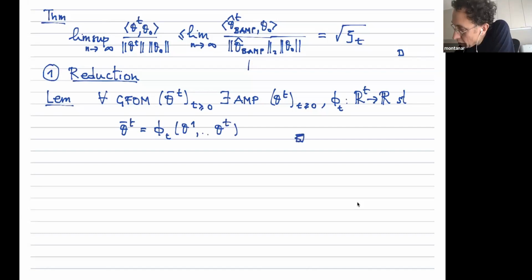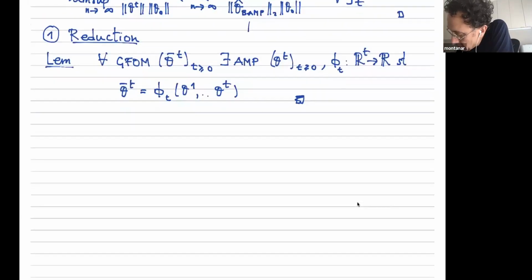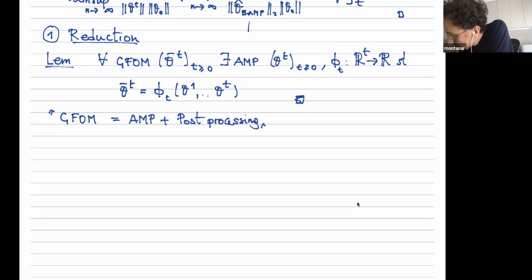So in words, this is saying that any GFUM is equal to an AMP algorithm plus some post-processing. The important fact, of course, is that this function phi doesn't depend on x. So it's a deterministic function, it doesn't depend on the data.